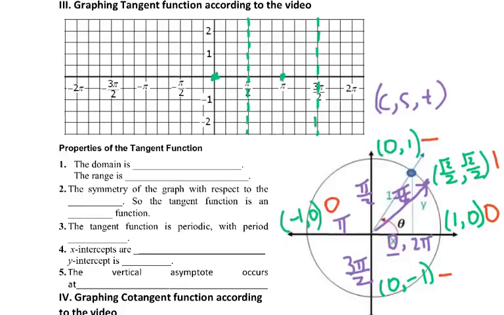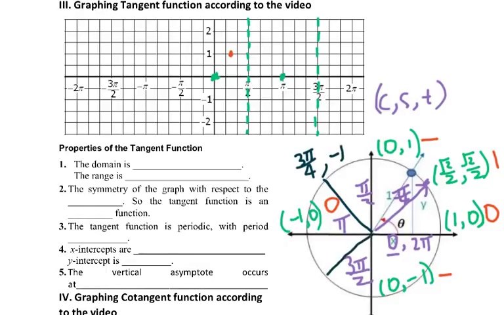Okay, so I add pi over 4. Pi over 4 will be in the middle. Its value is 1, it's over here. And for the second quadrant, it will be 3 pi over 4. Tangent will be -1.